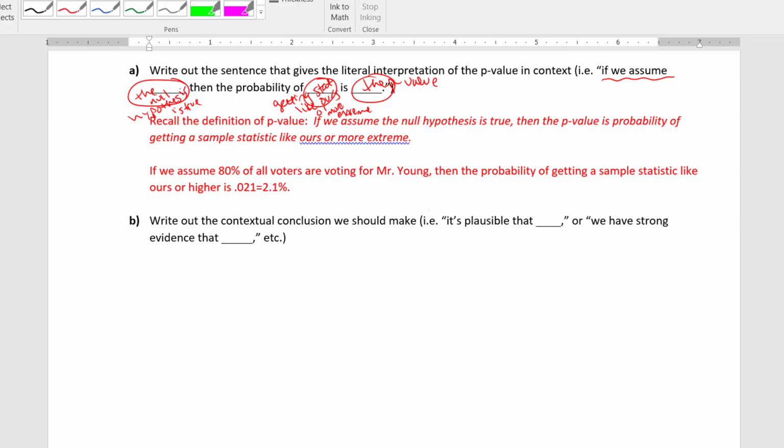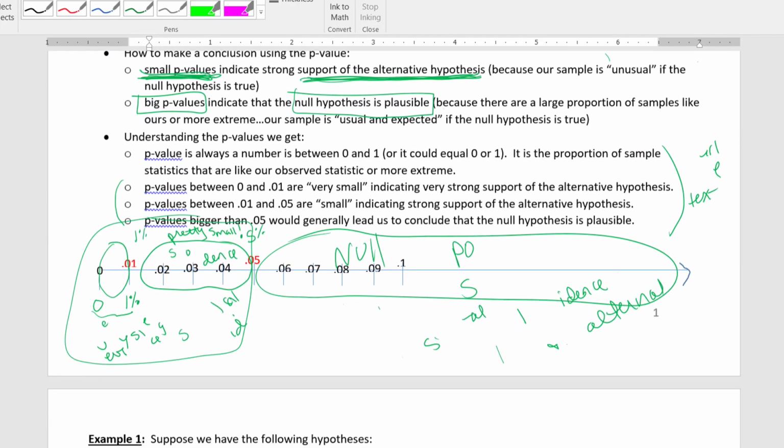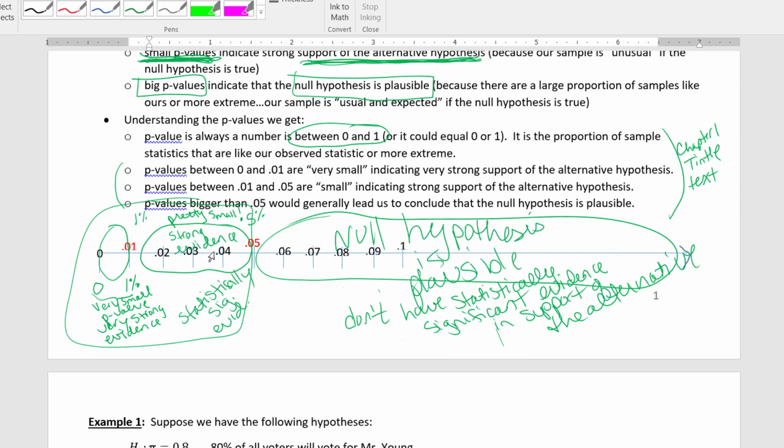Let's go back real quick to the first page. At the bottom of the first page, we had some numerical values of p-values, and again, this is in your textbook, section 1.2. If you get a p-value between 0 and 0.01, you have very strong evidence in support of the alternative. If your p-value is between 0.01 and 0.05, that's strong evidence in support of the alternative. That's where our p-value is.